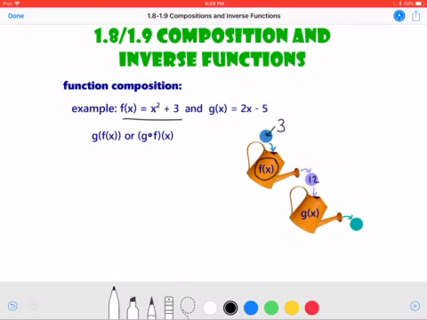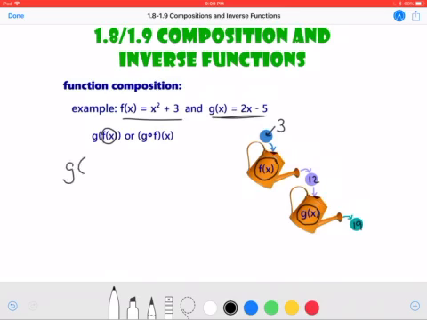And then what happens when we dump that 12 into this g of x can, and it gets mixed up with whatever's in this watering can? It goes 2 times that 12 minus 5. What is that, 19? And so what we would say is that the output from the f of x became the input for the g of x.